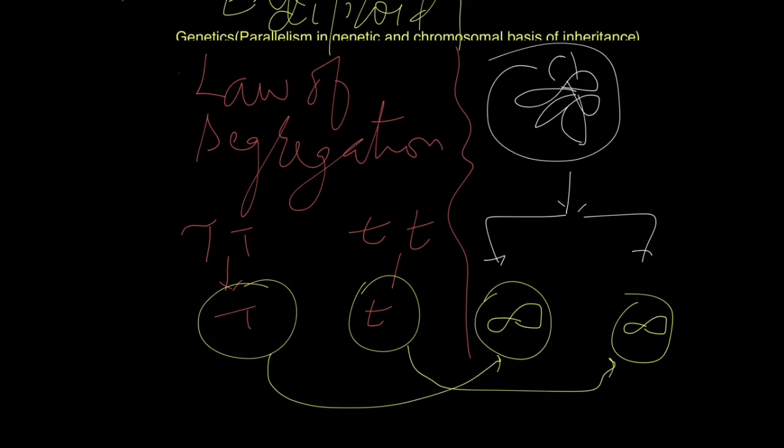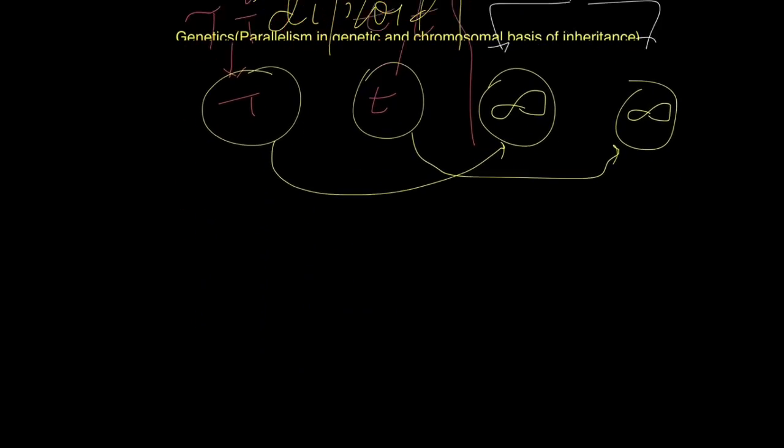Independent assortment is seen in a dihybrid cross, as we all know.